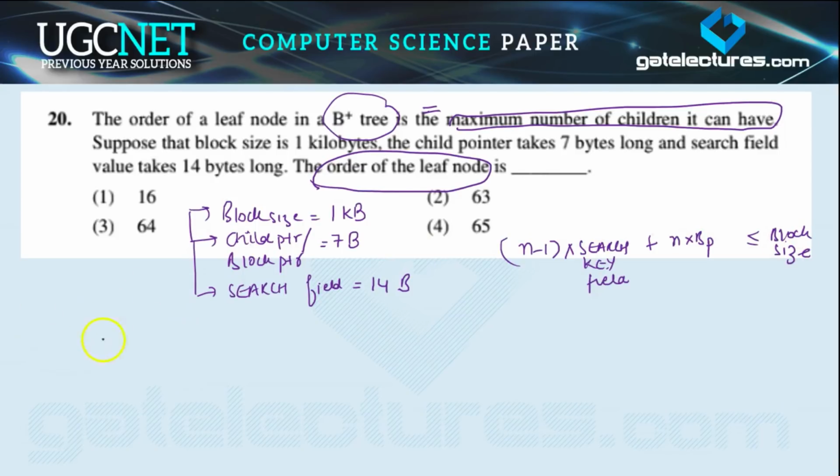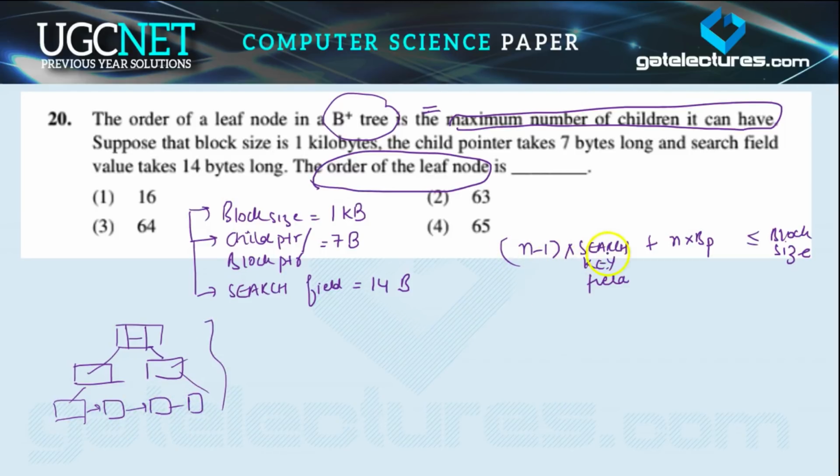So if the block pointers are n, say 2, then search key values are n minus 1, 2 minus 1 is 1, like this. And all the record pointers are present in the leaf nodes. So this is the B plus tree.